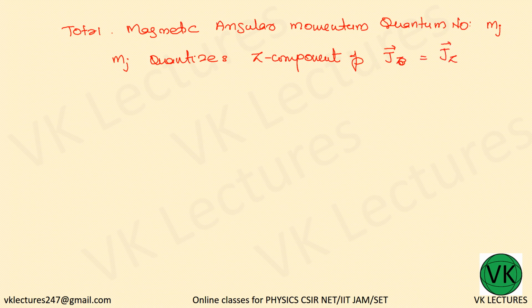So how does it quantize? What are the possible values of mj? Mj values can go from minus j to plus j, and Jz is equal to mj times h cross, and this is Jz magnitude.